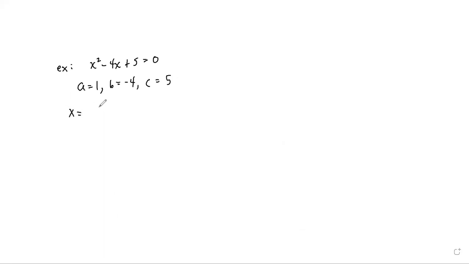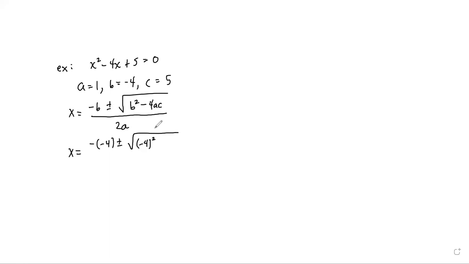So writing again the quadratic formula, it's negative b plus minus the square root of b squared minus 4 times a times c all over 2 times a. And the negative b here will be negative of negative 4 plus minus the square root of negative 4 squared minus 4 times 1 times 5 all over 2 times 1.